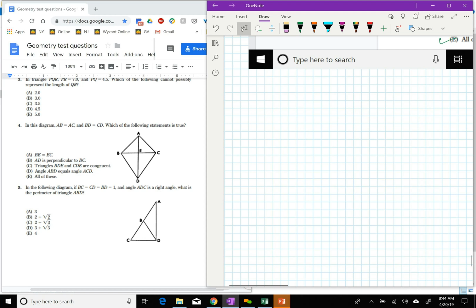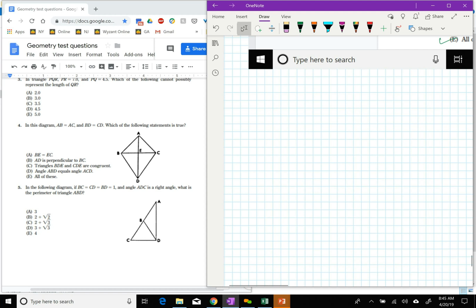So it's going to be 2 plus, oh wait, that's not an option.